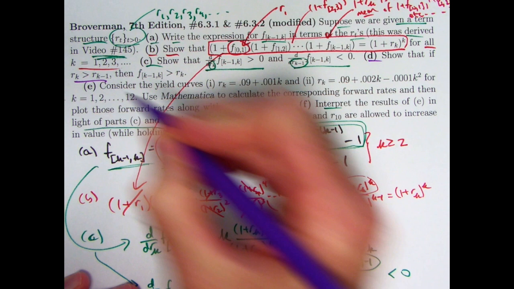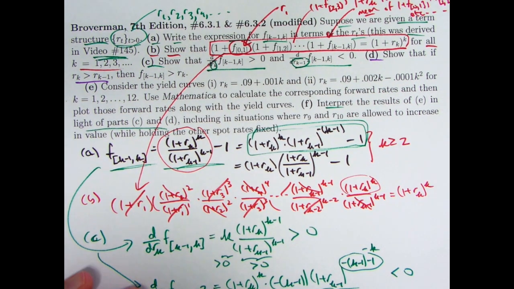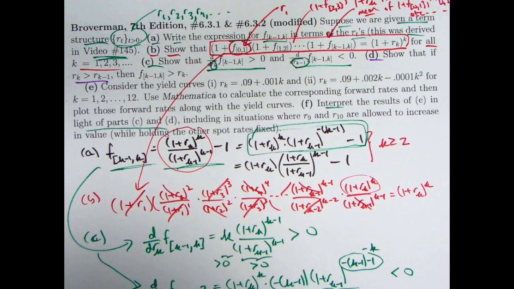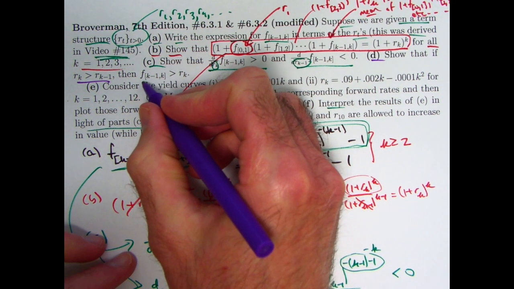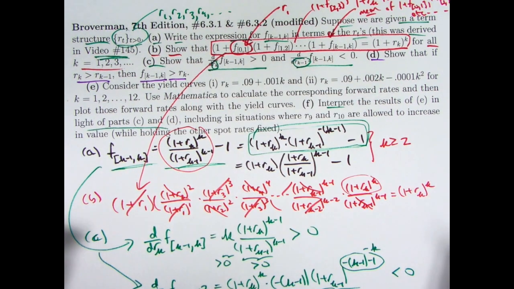Show that if rk is greater than rk minus 1, if the next spot rate is greater than the preceding spot rate, or if this is true for all k, in other words, the yield curve is increasing like it is usually in real life, then the forward rate from time k minus 1 to time k is greater than the spot rate rk.